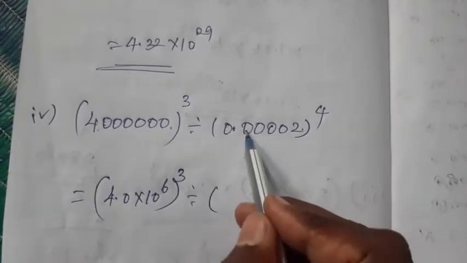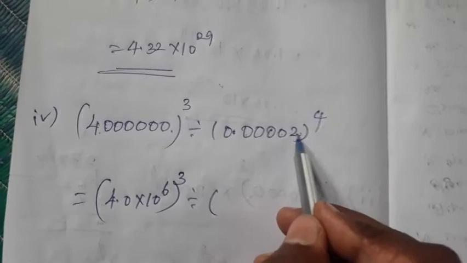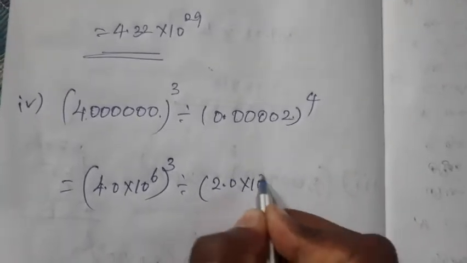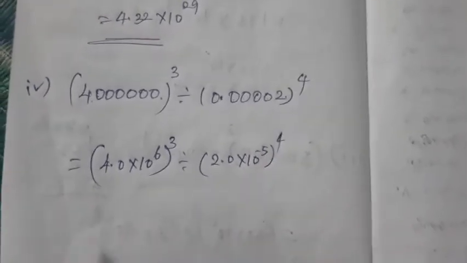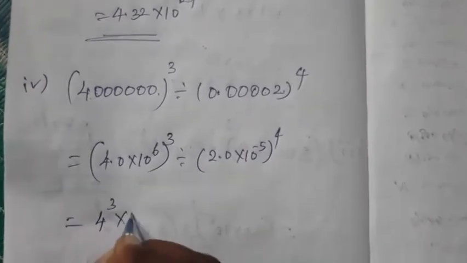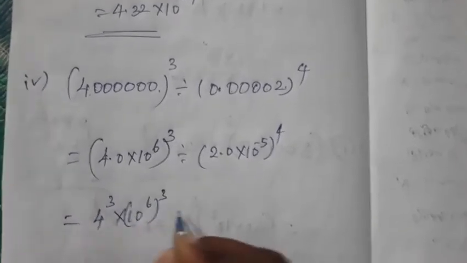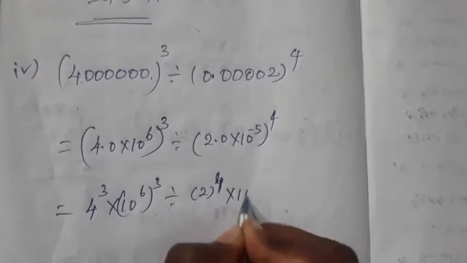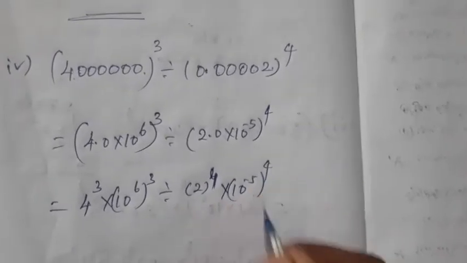Therefore how many digits? 1 2 3 4 5 digits there. Therefore 2.0 into 10 to the power minus 5 whole to the power 4. Next see that power take substitute: 4 cube into 10 to the power 6 whole cube divided by 2 power 4 into 10 to the power minus 5 whole power 4.